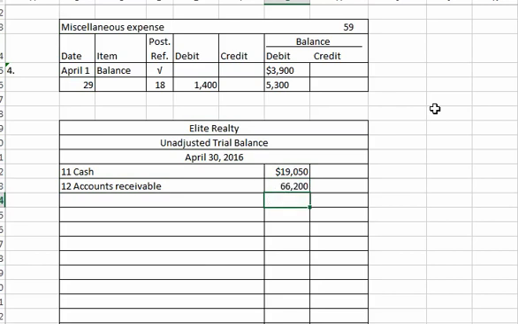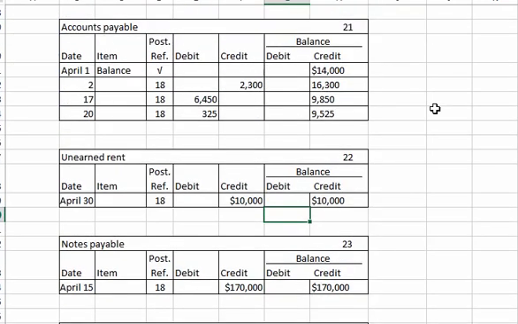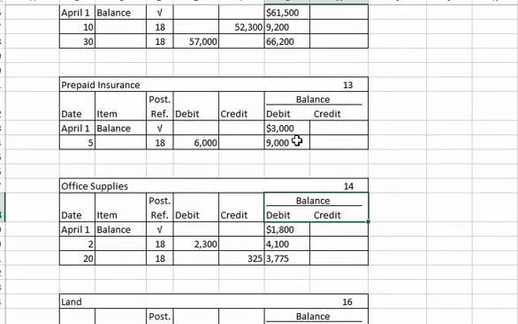Now, you probably noticed this already, but the debit balances will enter in the left-hand column. The credit balances will enter in the right-hand column. Our next account is prepaid insurance. The debit balance for $9,000.